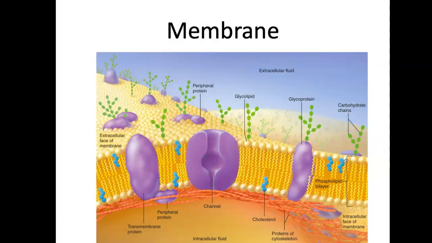And this is just an enlarged picture of that. So embedded in the lipid bilayer are these purple proteins. Sometimes attached onto it, you'll have a chain of carbohydrate here. So it's a glucose chain, so it's going to be called gluco, and then the protein, glucoprotein. This one's a glycolipid because it doesn't have the protein on it.